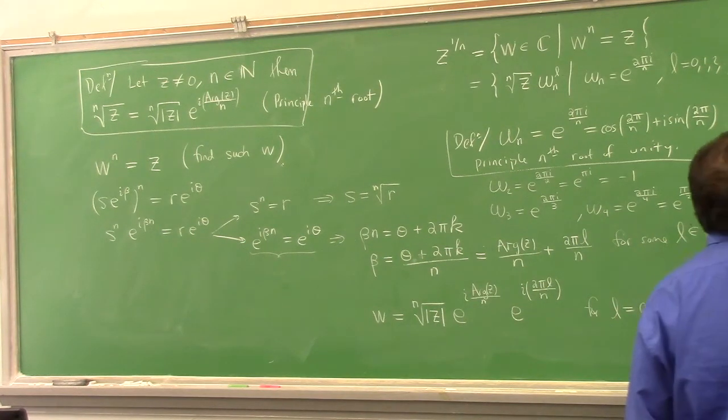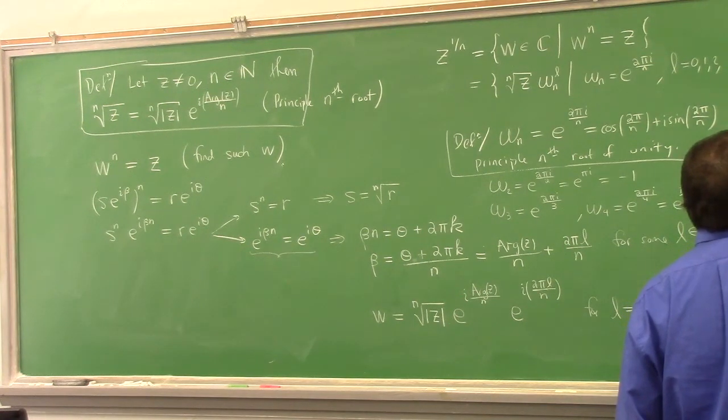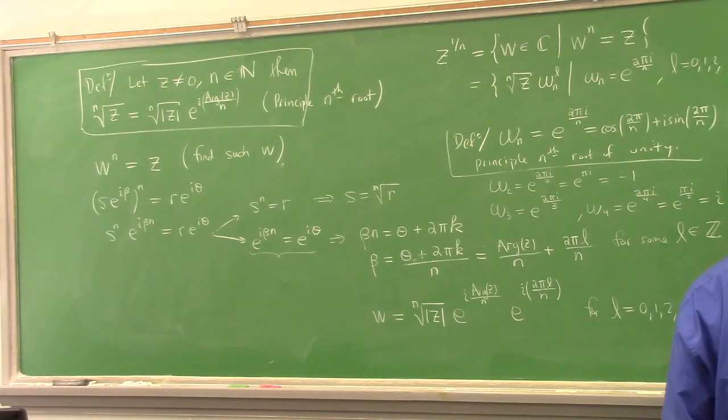But i to the 1/4 includes e to the pi i over 8, and also i times e to the pi i over 8, and i squared times e to the pi i over 8, and i cubed e to the pi i over 8. In this case, this is omega 4, this is omega 4 squared, this is omega 4 cubed.